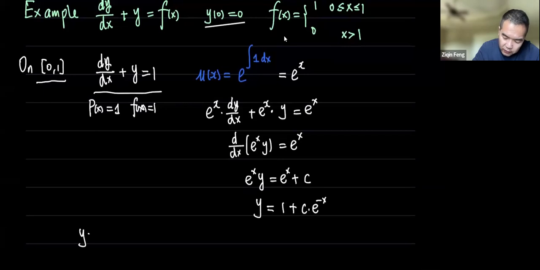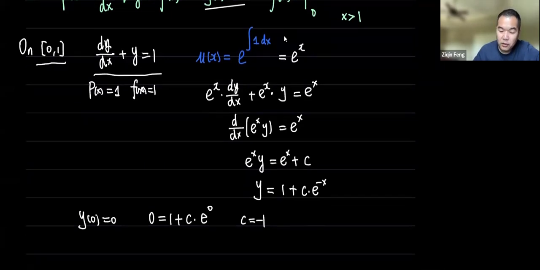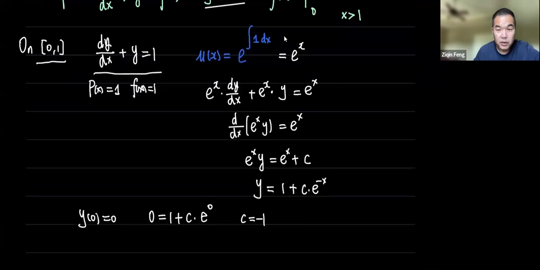Since y of 0 equal to 0, we get 0 equal to 1 plus c times e to 0, which means c here is actually negative 1. So on the interval from 0 to 1, the solution is y equal to 1 minus e to negative x. So we get part of our solution now.